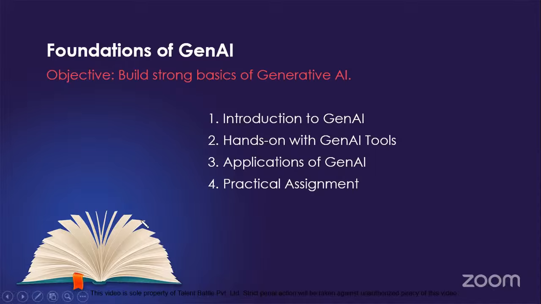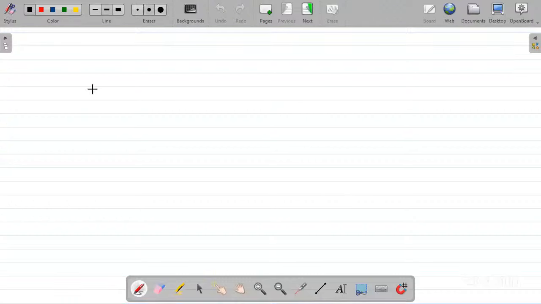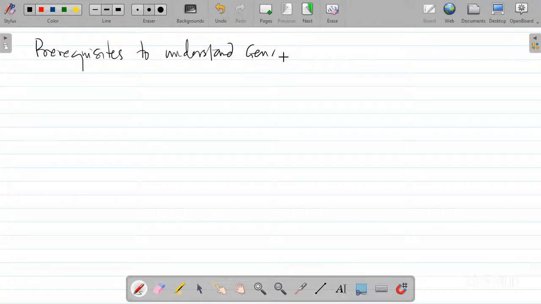That is our first part, and that is the major agenda of today's session also, which will give you a very clear idea. Let's call it prerequisites to understand Gen AI and agentic AI.